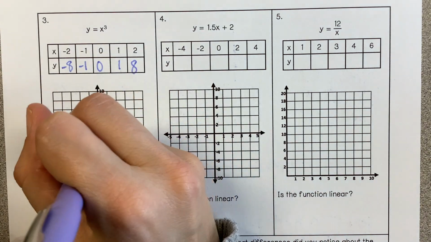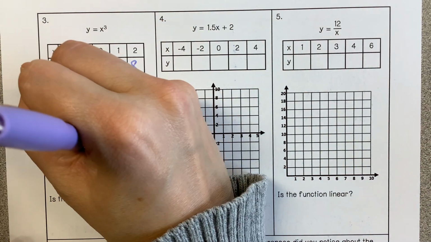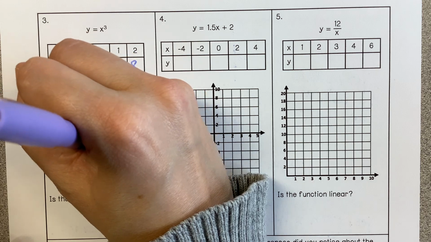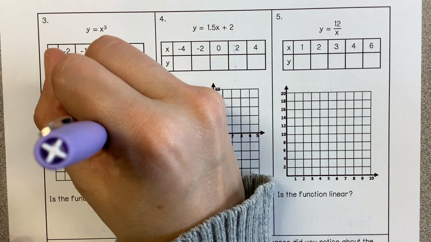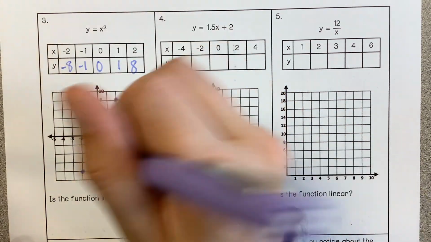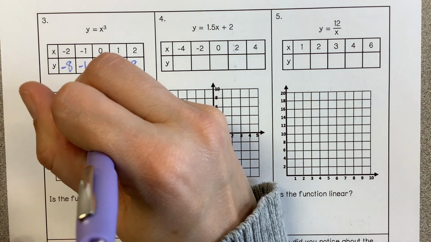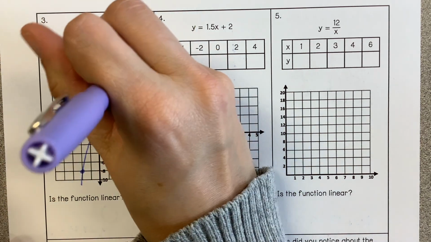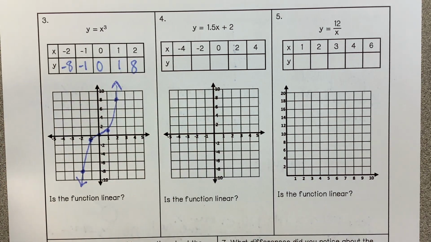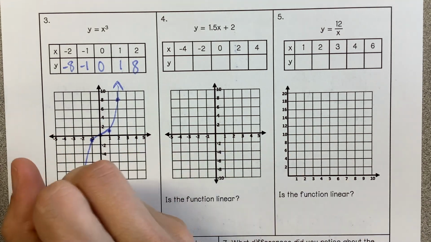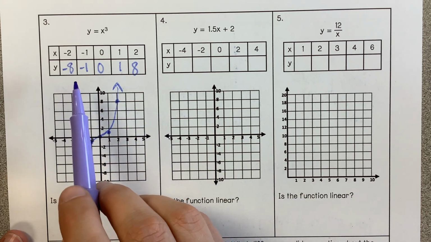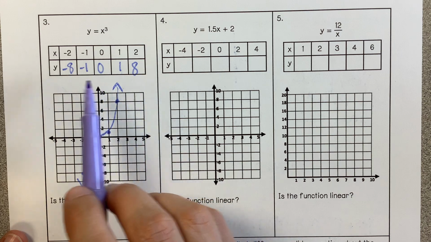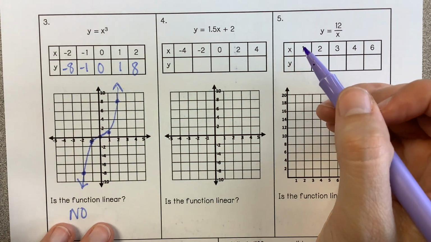If I graph these, and I'm going to kind of try to connect it as best I can, we get this little squiggly looking line like this. So, although this is a function because it passes the vertical line test, is it linear? No. Okay? We can tell by the graph it doesn't form a line, and in the table, it's not a constant ratio.